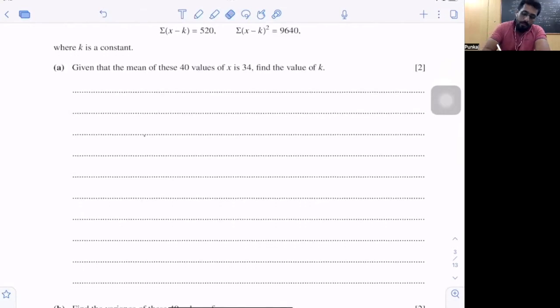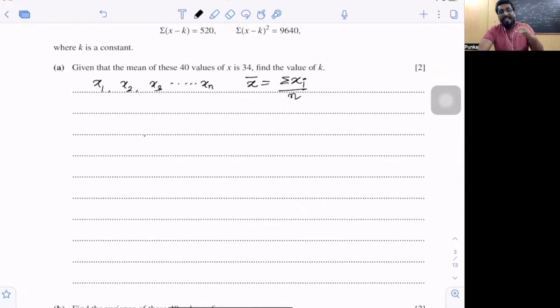If x1, x2, x3 and so on up to xn are n number of variates, or observations or scores, let's say. So do you know that x bar, the mean, is given by summation of xi divided by the number of observations?